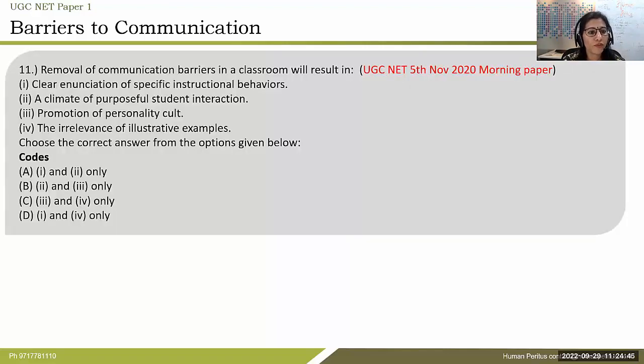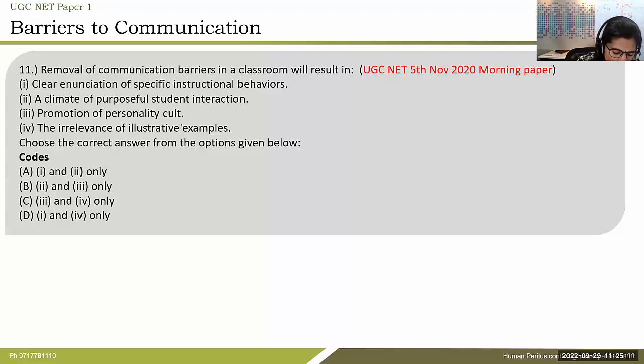Next is: removal of communication barriers in a classroom will result in clear enunciation of specific instructional behaviors, climate of purposeful student interaction, promotion of personality cult, the irrelevance of illustrative examples. See, when we remove the barriers, would there be a promotion of personality cult?